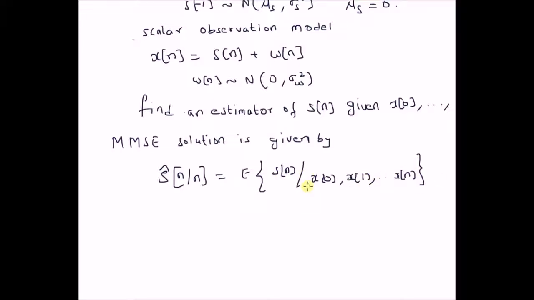So this conditional mean, that is the conditional mean of S of n given the observations, is the optimal estimate of the unknown parameter S of n, or unknown state of the parameter S of n.